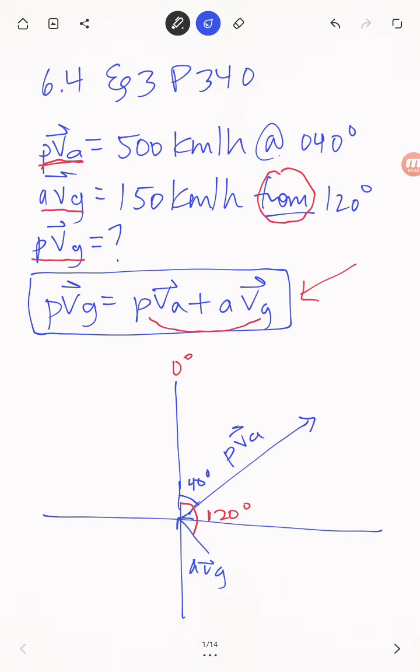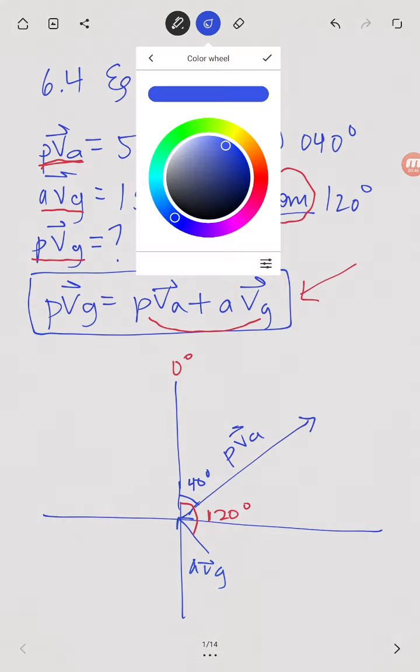What I'm asked to find is my resultant PVG, the plane's velocity relative to the ground, which will go from the tail. Now notice my vectors are tip to tail, right? AVG is tip to tail with PVA. It does not matter that AVG comes first, because vector addition is commutative, as you learned in the section on vector addition.